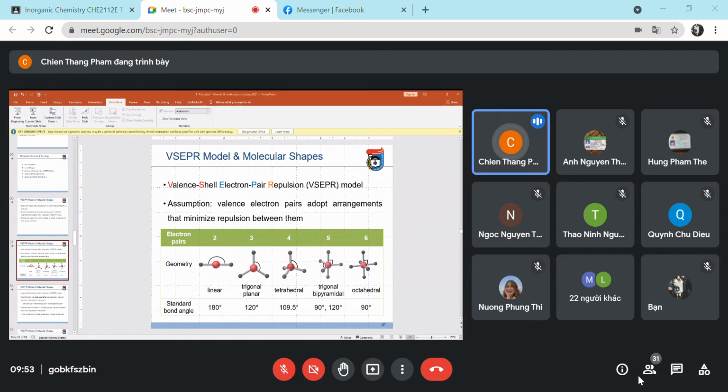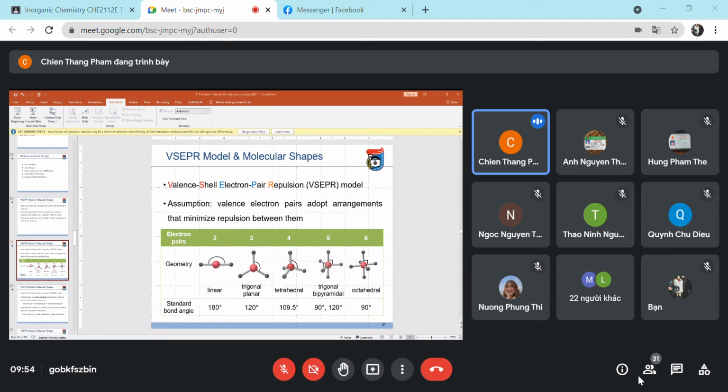because the bonding pair is between two nuclei, so it is less reactive and occupies less space than the lone pair. The lone pair belongs to only one nucleus.